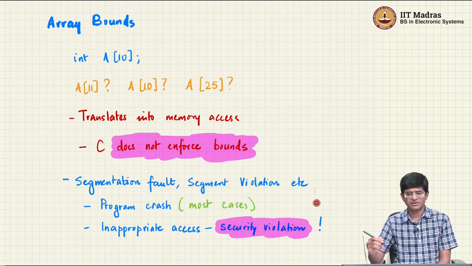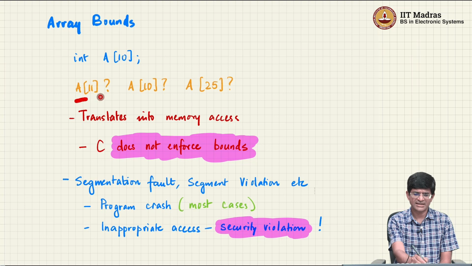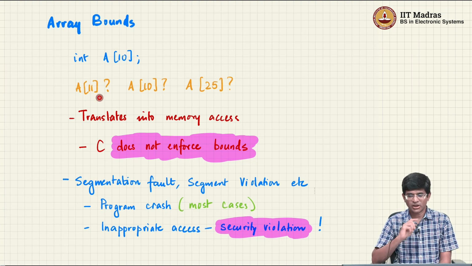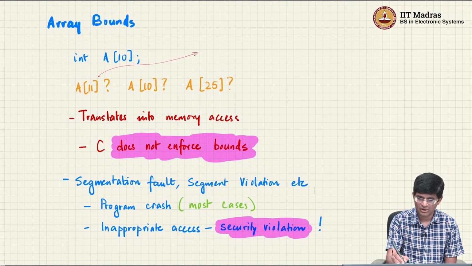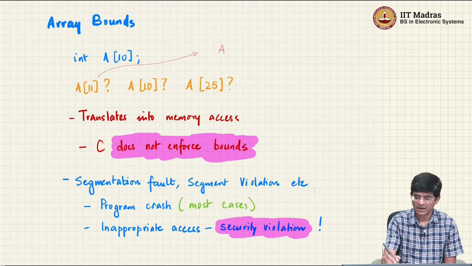But now comes the question, what actually happens if I try accessing a of 11? And the short answer is the compiler will try to access a of 11, because after all, what is a of 11? You take the starting location of a, add 11 to it and take the pointer.